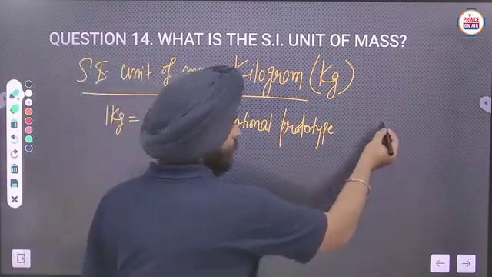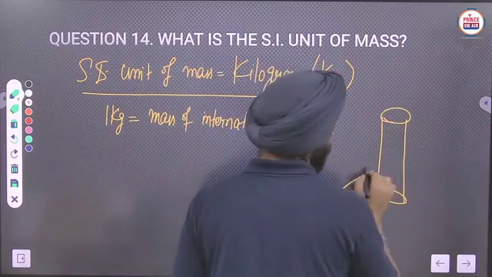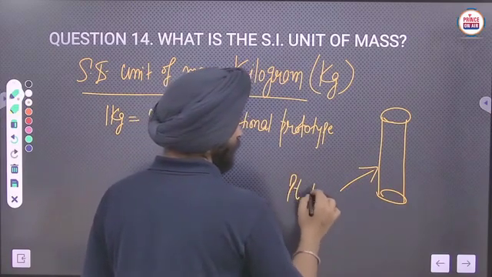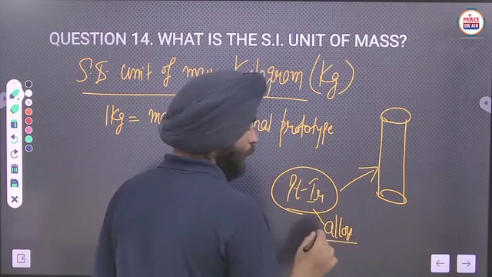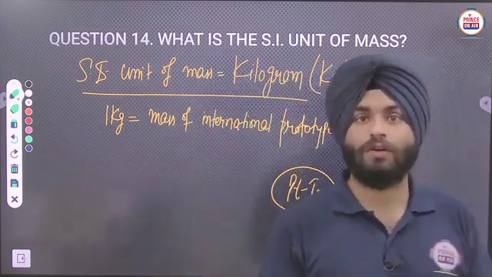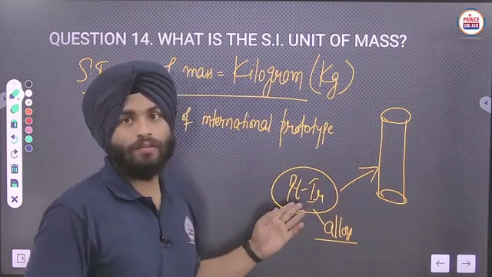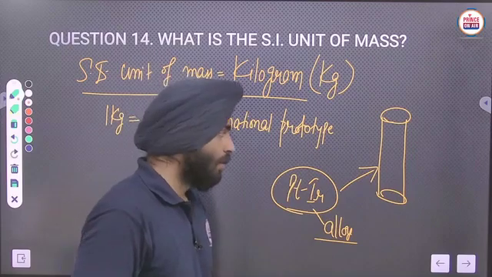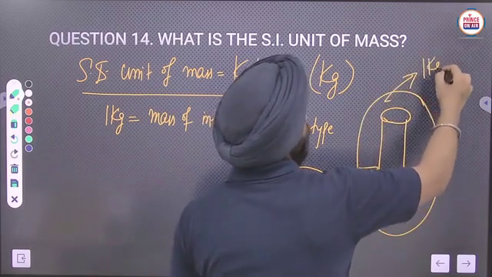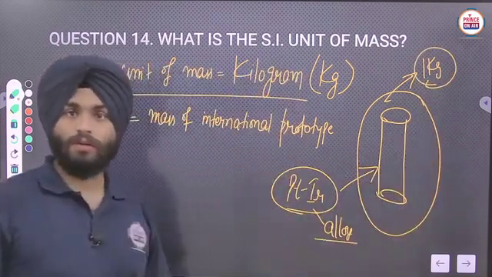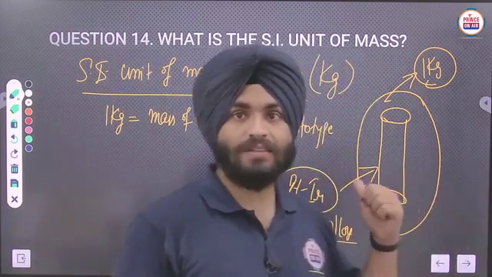There was a cylindrical rod placed in the museum, which is made up of platinum iridium alloy. Alloy you know very well, that is a mixture of different metals. So a platinum iridium alloy rod was made, and the mass of that rod or cylinder is supposed to be 1 kilogram.